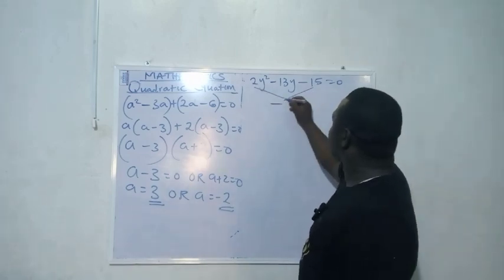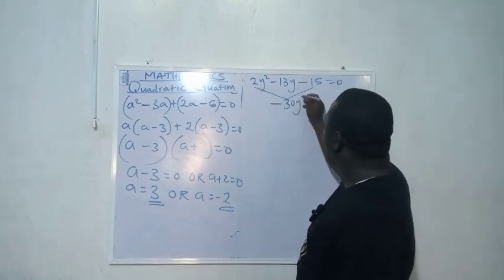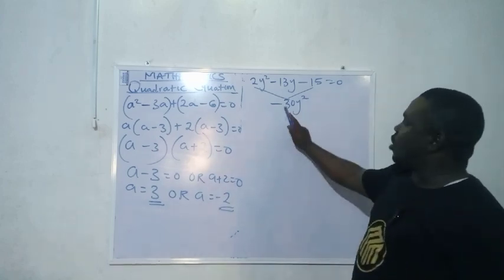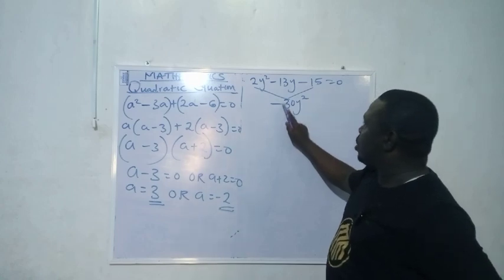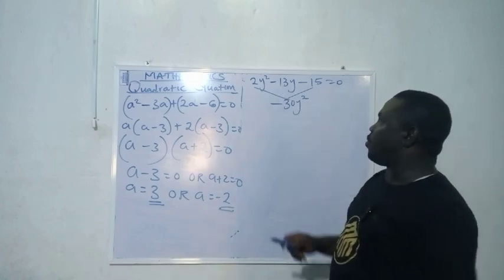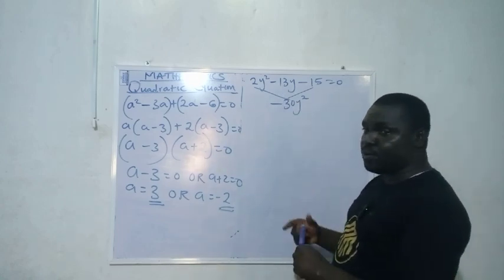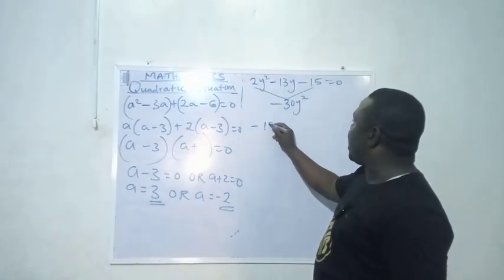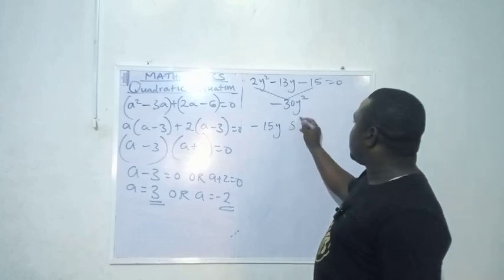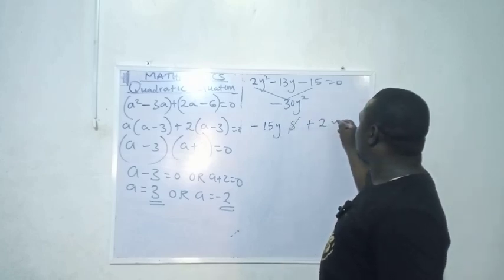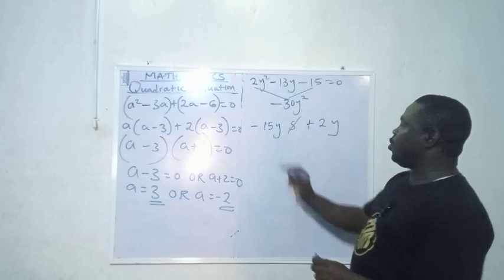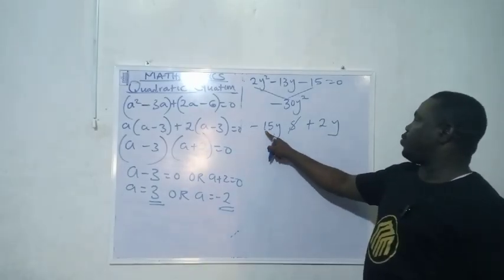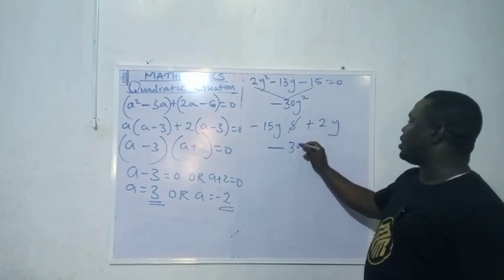This times this, that's minus 30y squared. Two numbers I can multiply that will give me minus 30, and when I add, that will give me minus 13. I have to think of two numbers. So the two numbers obviously are minus 15 and plus 2. How do I know? Minus times plus, minus 15 times 2, that's minus 30.